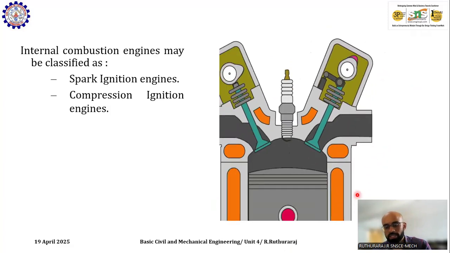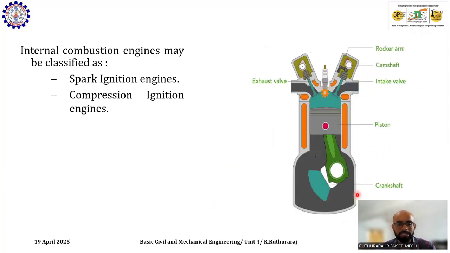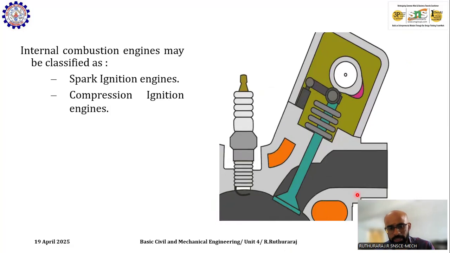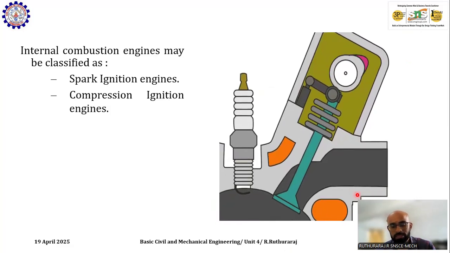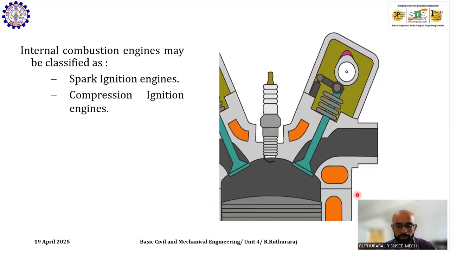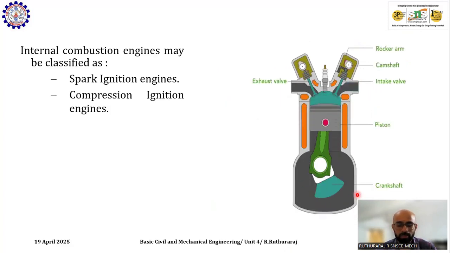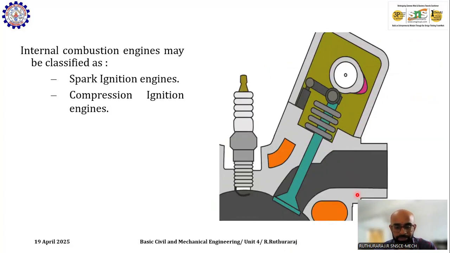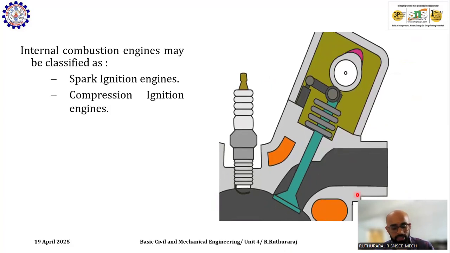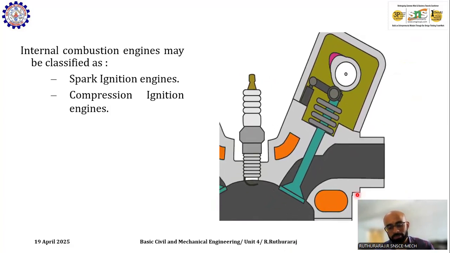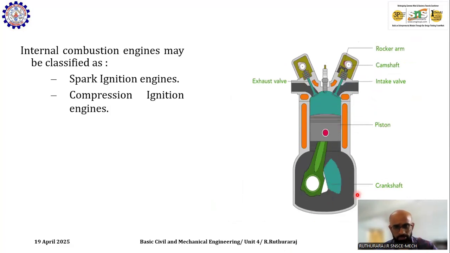So to give you a quick recap of the working of the spark ignition engine. In a spark ignition engine, the spark plug will ignite the air fuel mixture, and this ignition will cause the combustion of the air fuel mixture. Then the piston is pushed down.